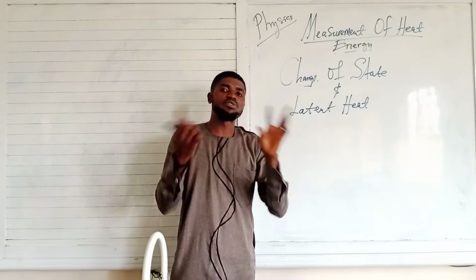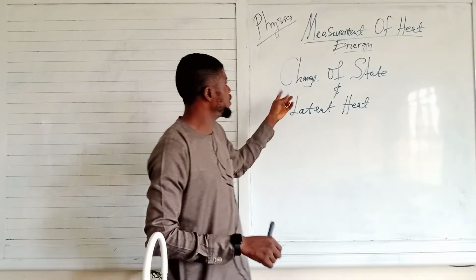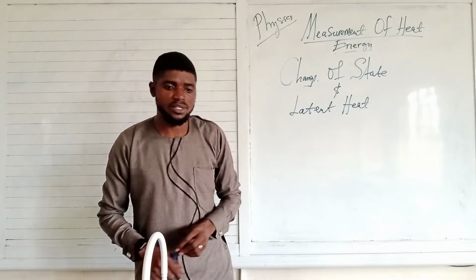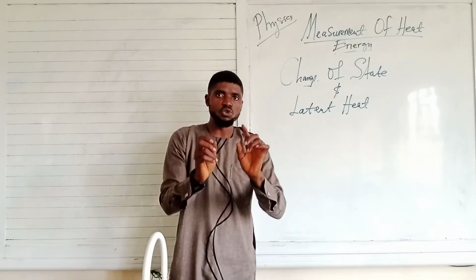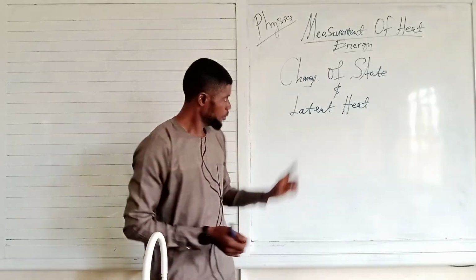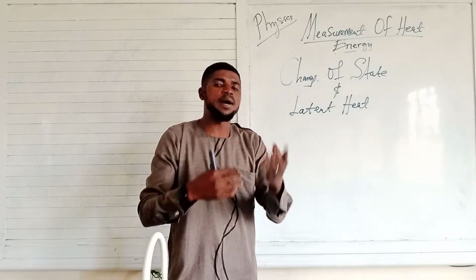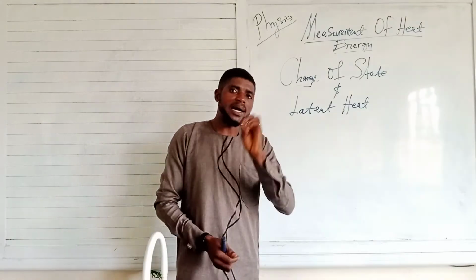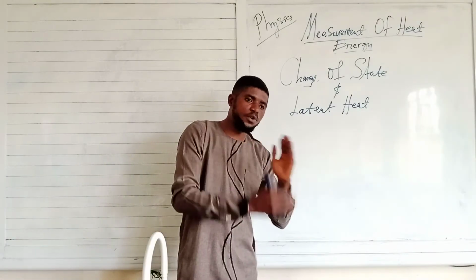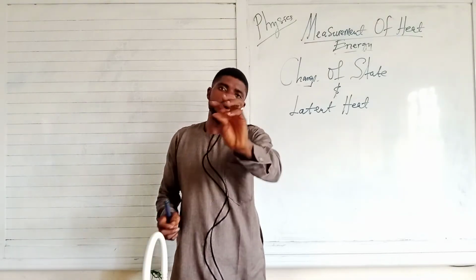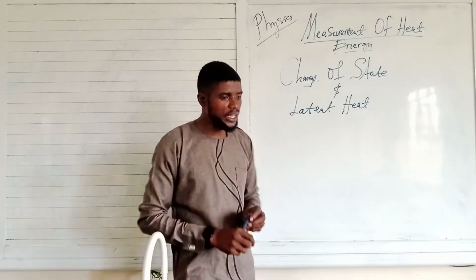In other words, I am trying to say that change of state is a reversible physical process. And so I present to you another definition. Change of state is a reversible physical process where matter changes from one form to another due to the addition or removal of heat energy.